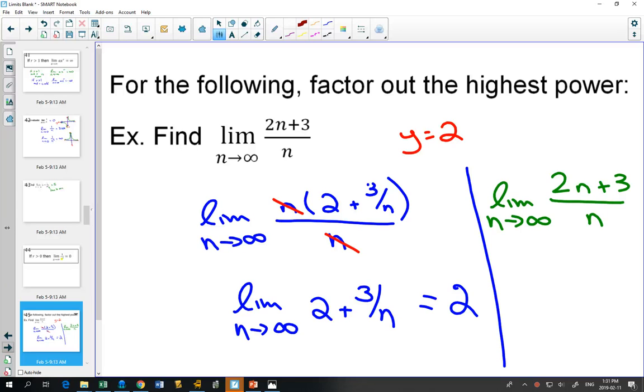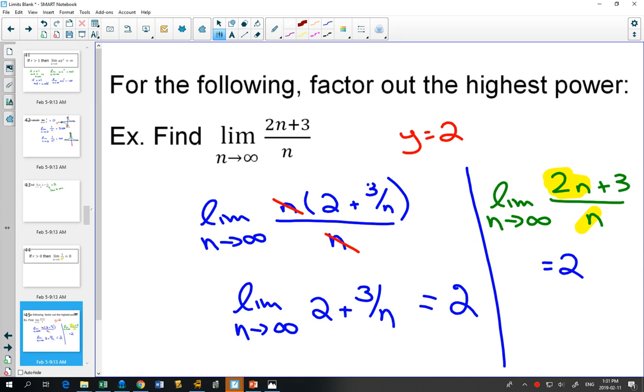The highest power in my denominator is just an n. If I just look at the 2n and I just look at the n, what does 2n over n simplify to? If you ignored everything else, the 2n over n would simplify to 2.